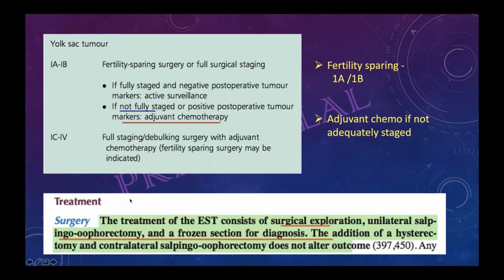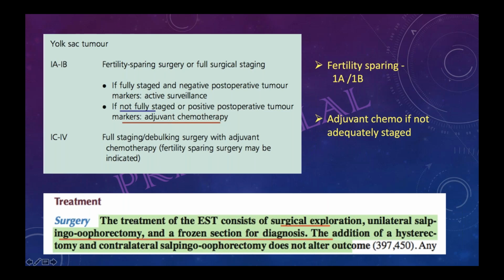For every tumor, remembering the type of surgery becomes very difficult. But overall, for 1A, grade 1, usually fertility sparing surgery and surveillance. And more than that, it will be fertility sparing surgery, surveillance and chemo. For stage 2 to 4, it will be full staging and chemo.